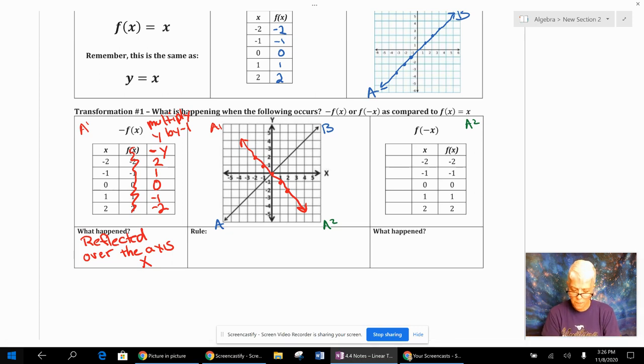Now, what if I put the negative in front of the x? If I put the negative in front of the x, it's the same as multiplying x by negative 1. So what happens? This becomes a positive 2, a positive 1, a 0, a negative 1, and a negative 2.